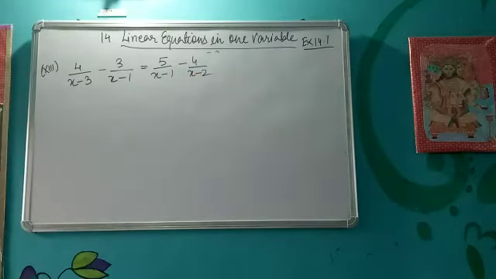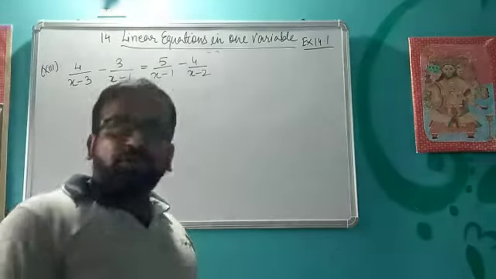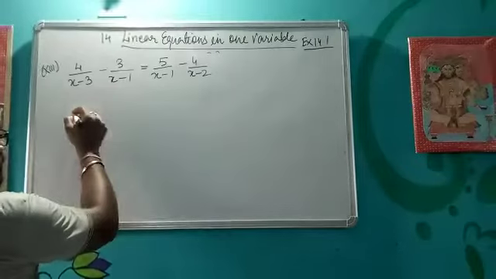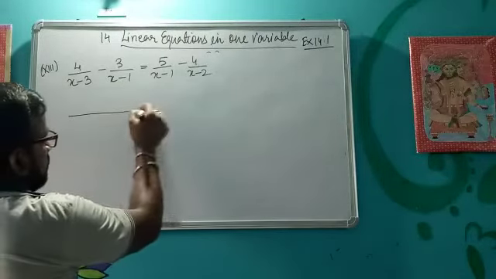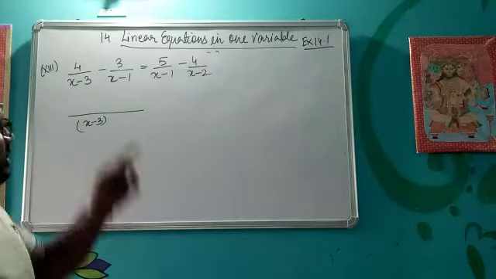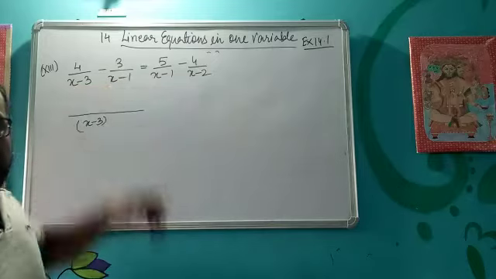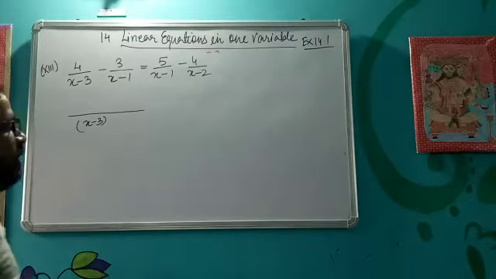Suppose we have to solve this for x. So first thing will remain same. We will take the LCM on both the sides. In these types of expressions, your LCM will be simply the product of these denominators, that is x minus 3 into x minus 1.